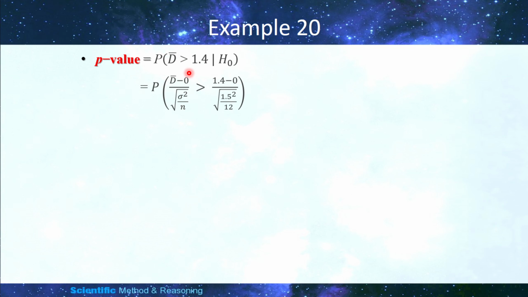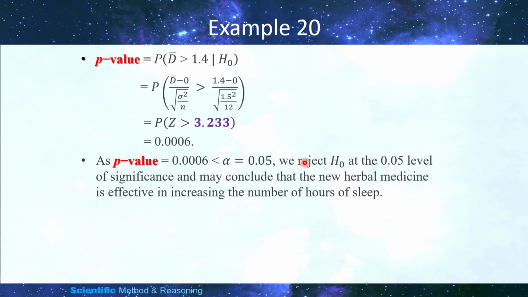On the left hand side we do that symbolically, but on the right hand side we do that numerically. So 1.4 minus 0 divided by the square root of sigma squared over n. n is the number of pairs of observations, which is 12. Then we have the probability of z greater than 3.2333, and using Excel we can calculate this probability to be 0.0006, which is extremely small.